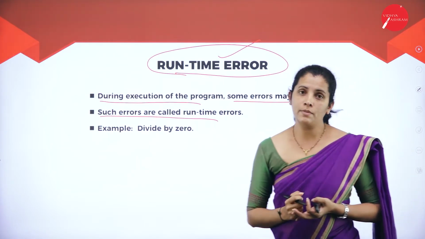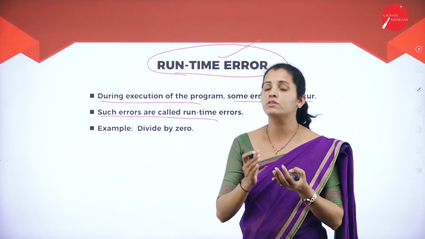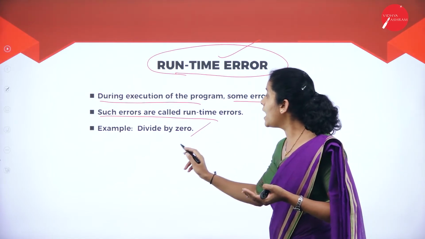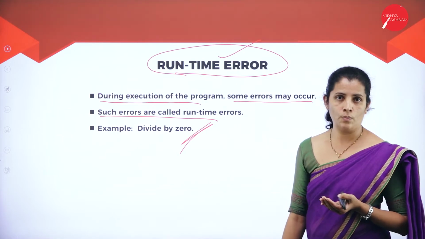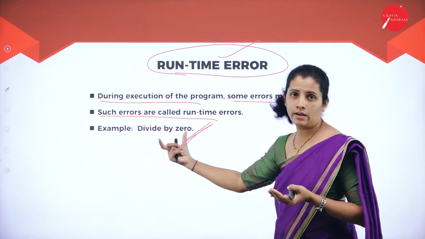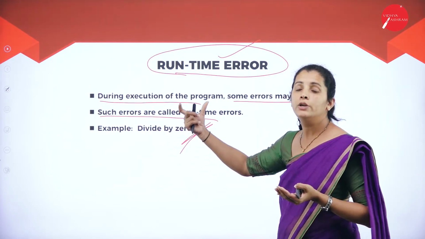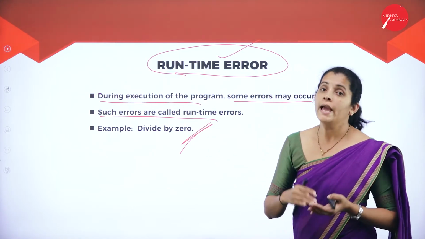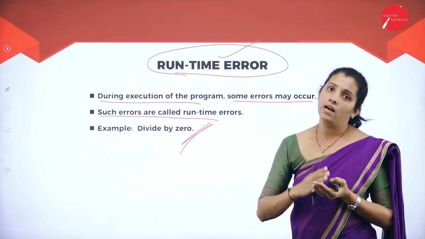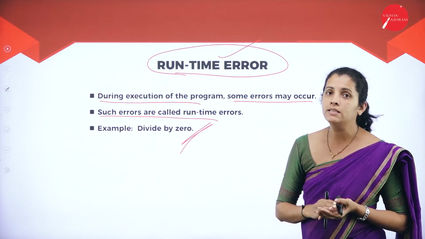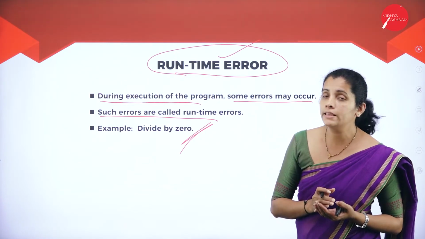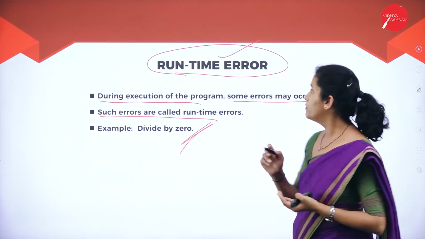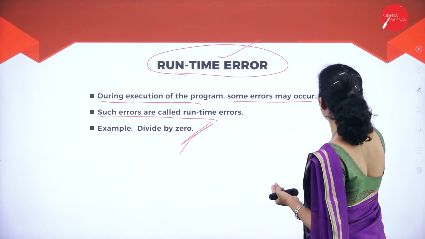Let me give some examples here. Suppose you divide any number by 0, you are going to get a divide by 0 error. These kinds of errors we get during the execution. Some more examples: array index out of bound. For example, think that you want to create some memory space. I'll write a of 5.